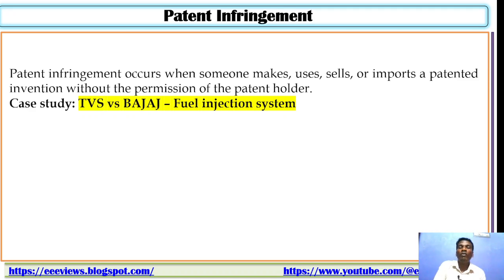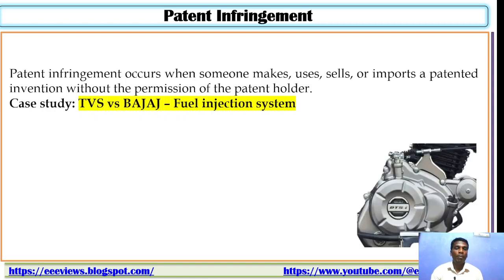For that, we are going to see an example of TVS versus Bajaj. Bajaj got a patent for the fuel injection system, namely DTSI, which you can see on the screen. That is digital twin spark ignition. For that, Bajaj got the patent. The same type of fuel injection design was created by TVS, which named it controlled combustion variable timing intelligence, with the help of a three-valve engine, in the year 2007.